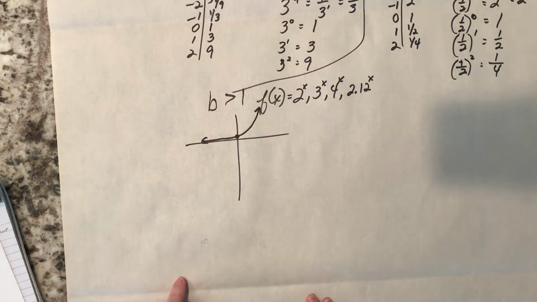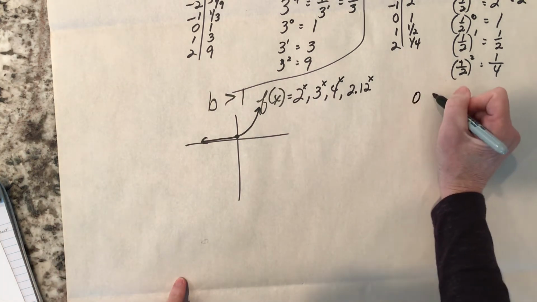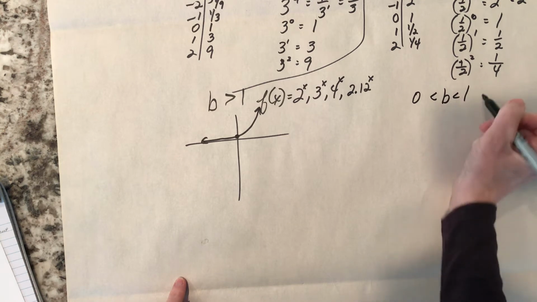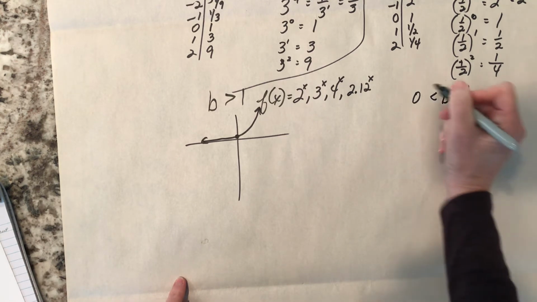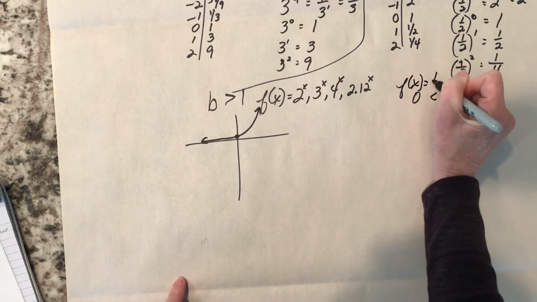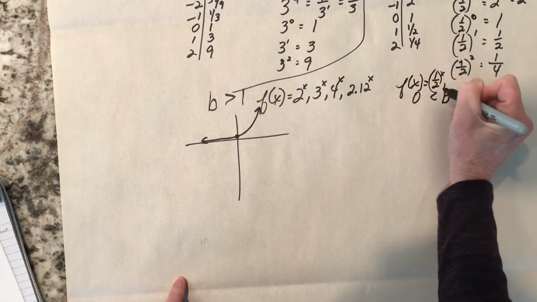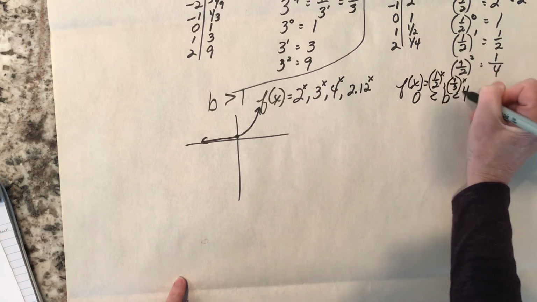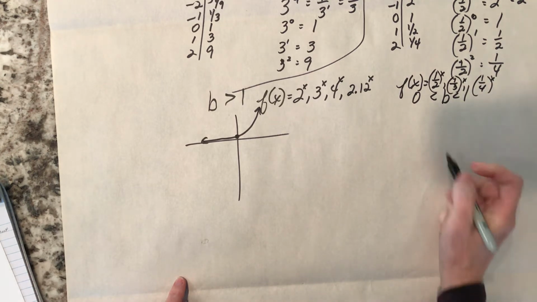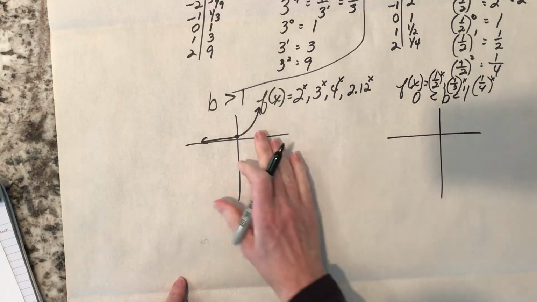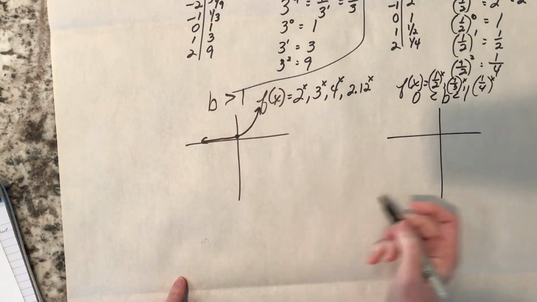Whereas the other graph we're looking at, if the base falls between 0 and 1, like f of x equals 1/2 to the x power, 1/3 to the x power, 1/4 to the x power, then it's just going to be a reflection of this across the y-axis.